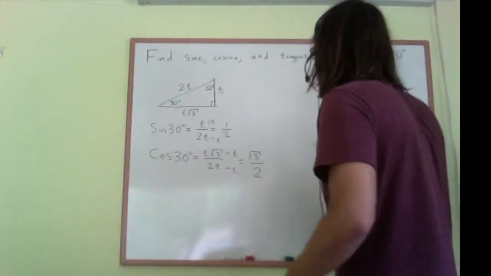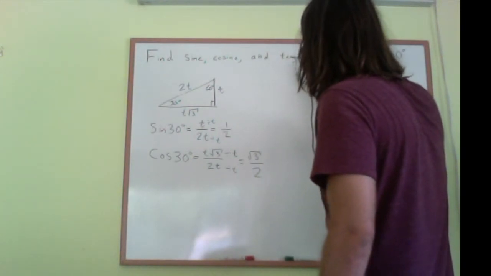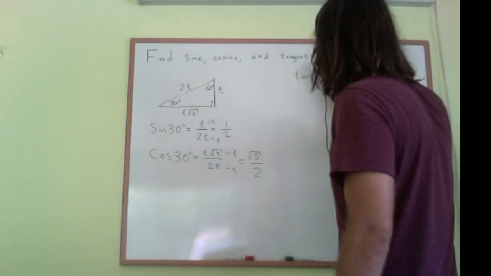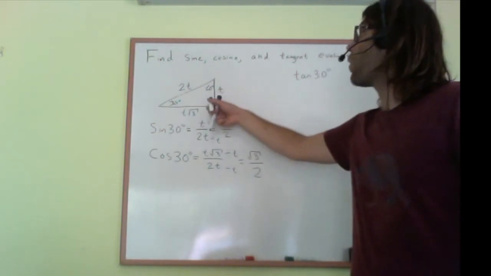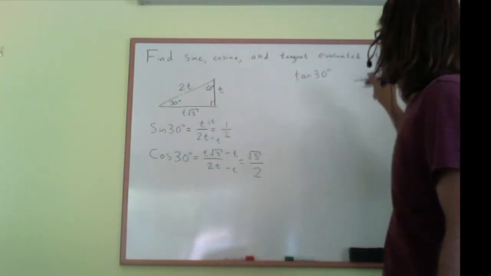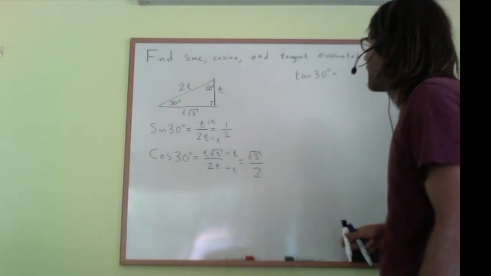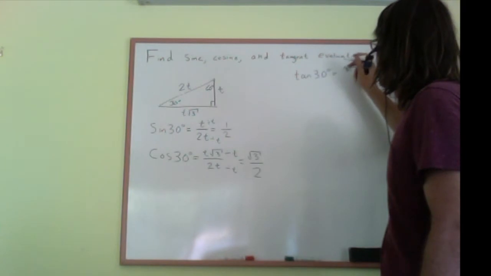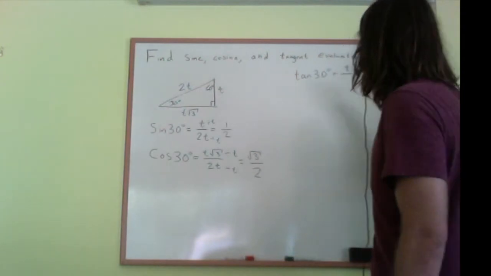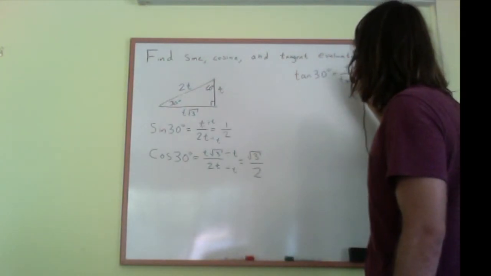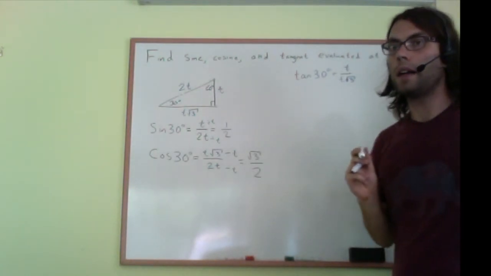Now for the last one, we're going to do tangent of 30 degrees. And that is opposite over adjacent. So that's going to be t over t root 3, and then we can divide the top and bottom by t.